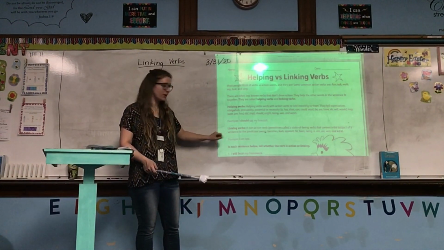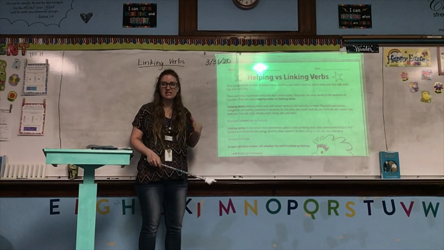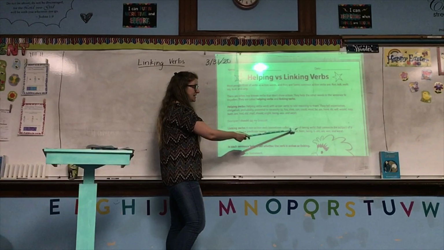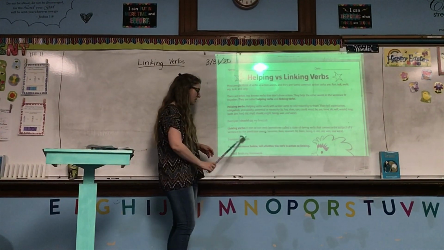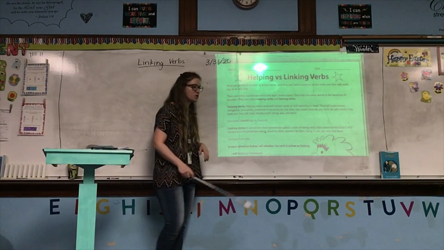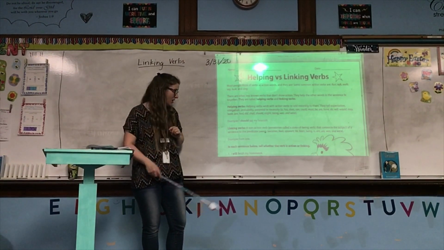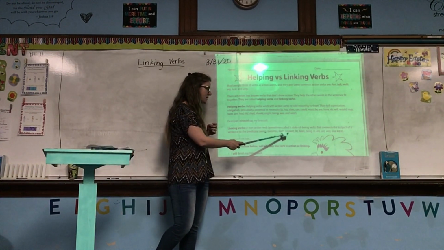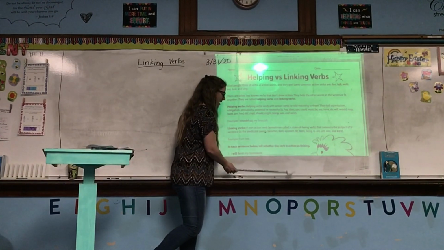Now a linking verb. A linking verb is a non-action verb. That means it's not something that can actually happen. Sometimes called a state of being verb, it connects the subject of a sentence to the predicate, or to whatever comes after it. It will not be a verb. So, some linking verbs are seems, becomes, feels, appears, be, been, being, is, am, are, was, and were.